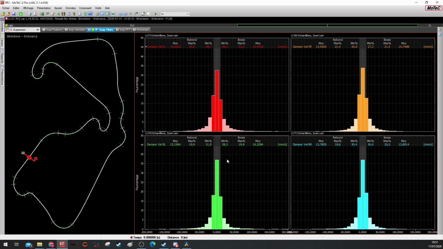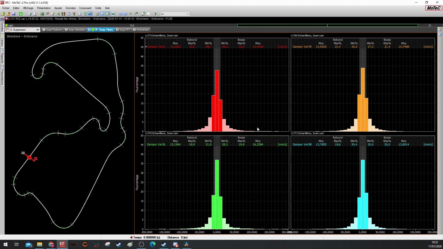When I look at these numbers, they tell me that the rear suspension is harder than the front suspension, and also that the front suspension, for example in this case the front left, is the part that takes more heavy load to deal with. Okay.